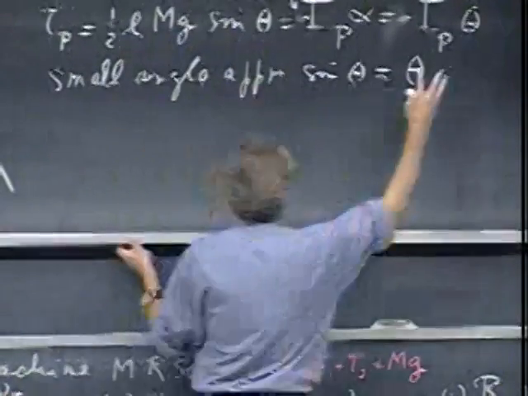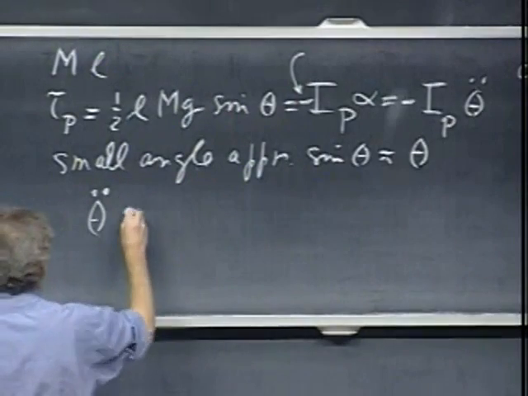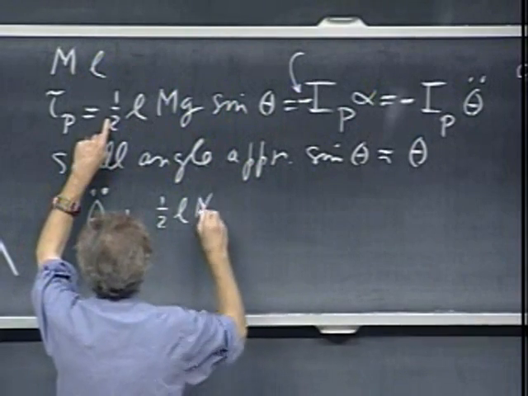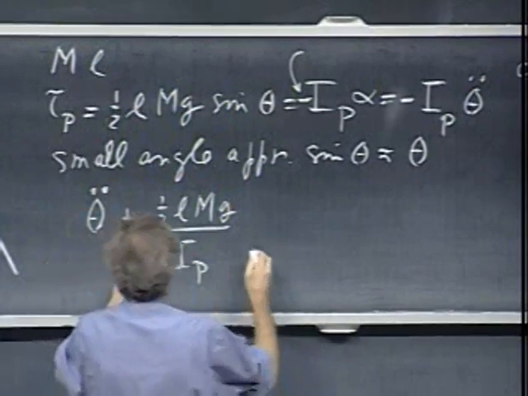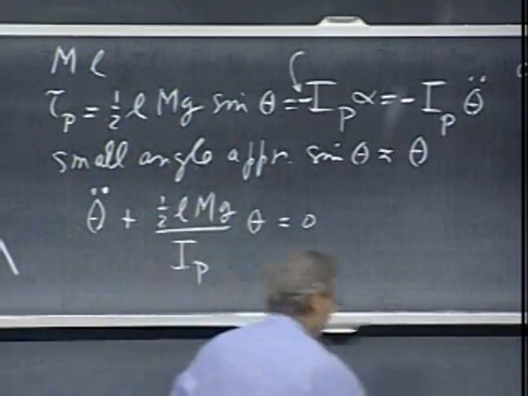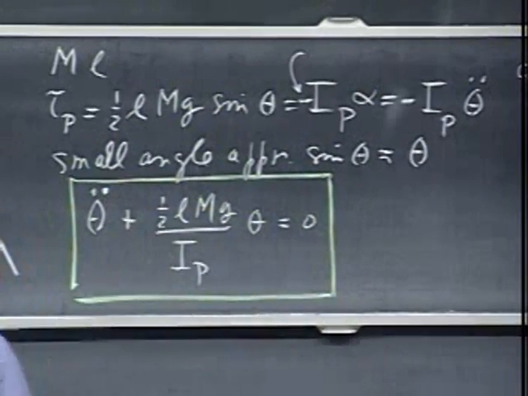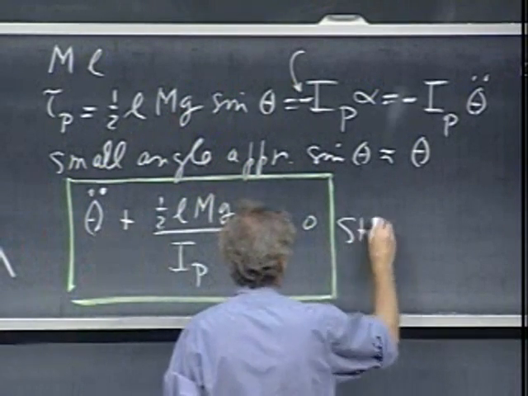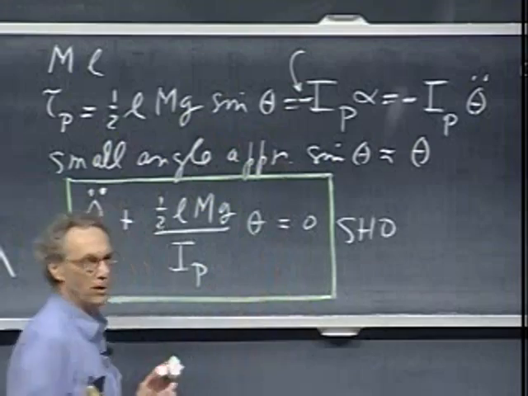And so now I find, if I bring this to the other side, theta double dot plus 1/2 L m g divided by the moment of inertia about point P times theta equals 0. Needless to say I'm happy like a clam at high tide because I see here an equation which clearly tells me that we have a simple harmonic oscillation. Theta double dot plus a constant times theta is 0.